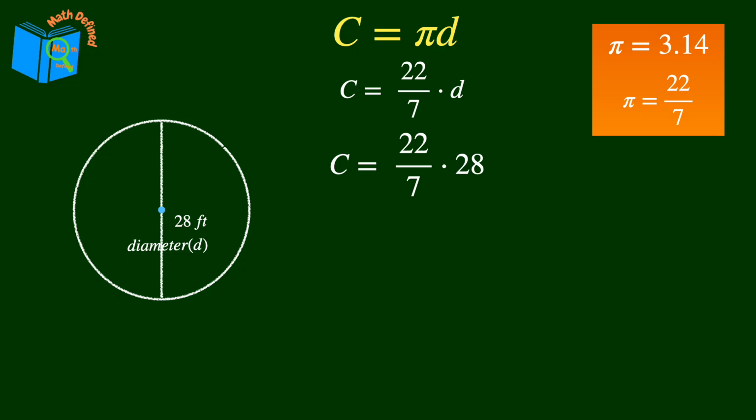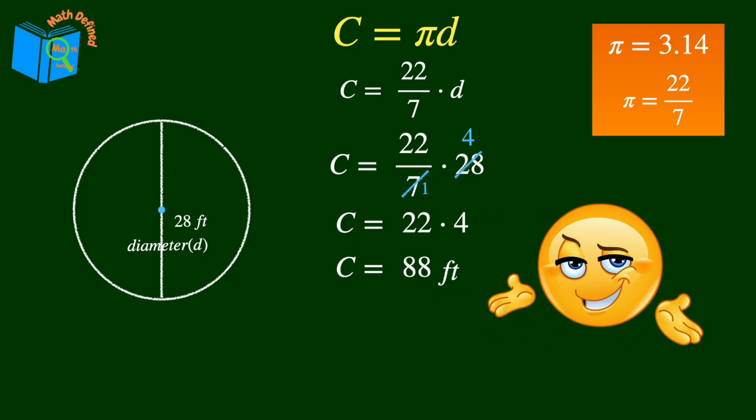Before I multiply, I will simplify or cross-cancel 7 and 28 by dividing them both by 7. That leaves me with 1 and 4. So now I have 22 times 4, which is super easy to multiply. 22 times 4 is 88, so the circumference of this circle is 88 feet. See? Sometimes using the fraction is actually way easier.